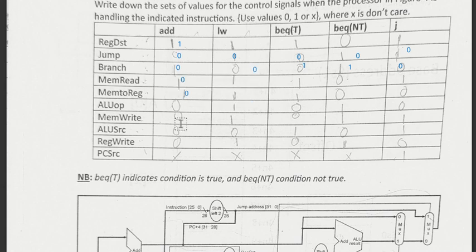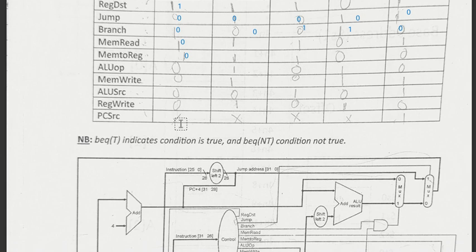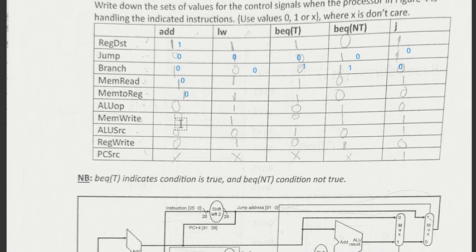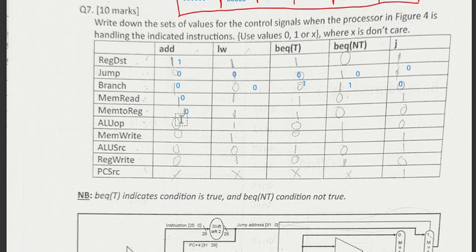Then the next one is the ALU op. Well, for R-type instructions, the ALU op is mostly assumed to be 1 0, right? So you can just put 1 0 there, it's a 2-bit signal. And the next one is memwrite, and this one doesn't write to memory, right?